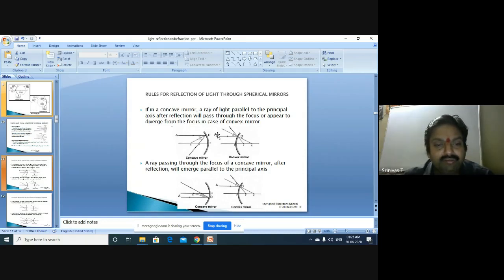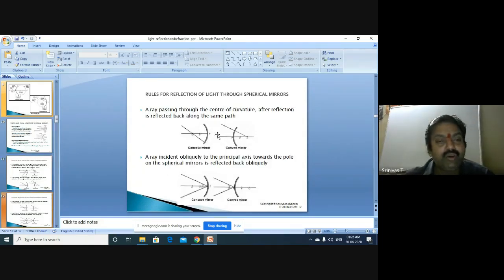That's very important: a ray passing through the focus of a concave mirror, after reflection, will emerge parallel to the principal axis. That's what we can see.